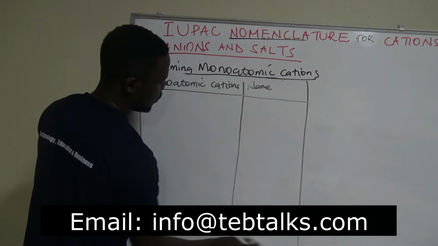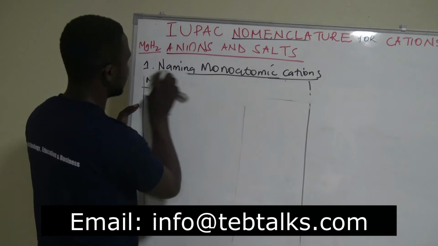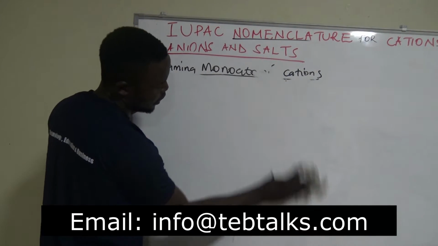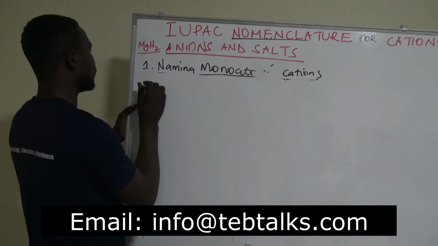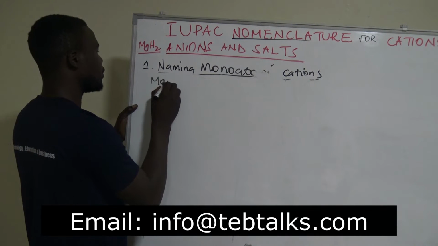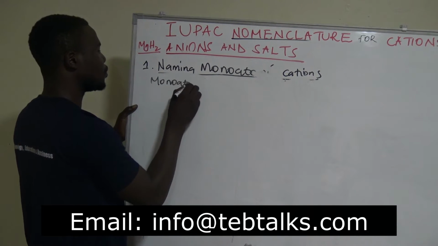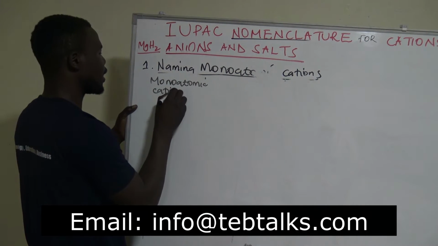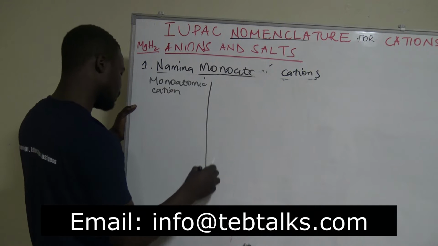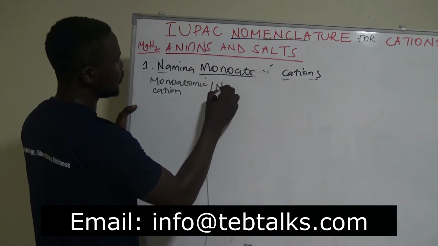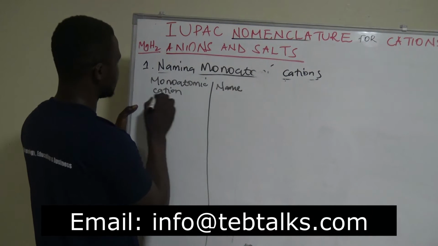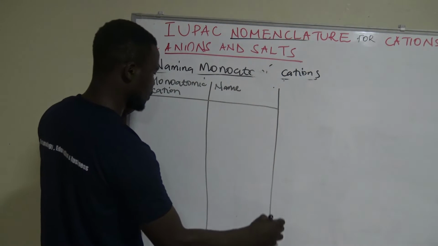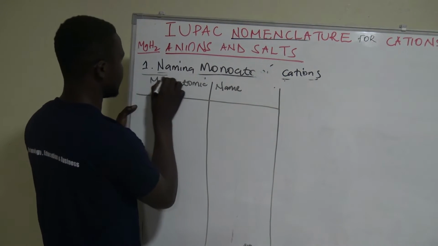Let me try to be economical by drawing a reduced table so that we can have 2 columns. So here I'm going to have monoatomic cation. Then here we shall have the name of the cation.